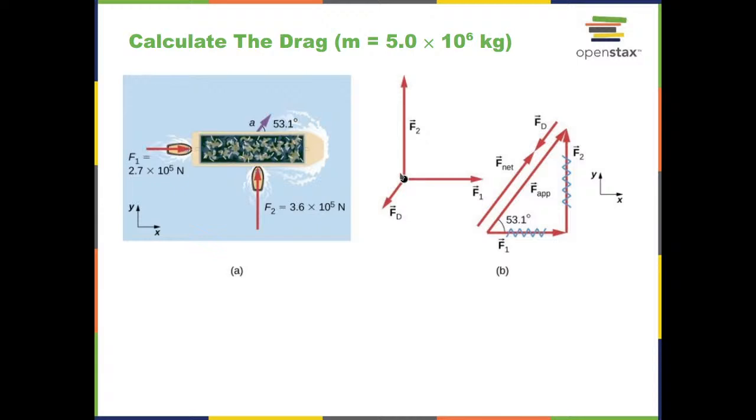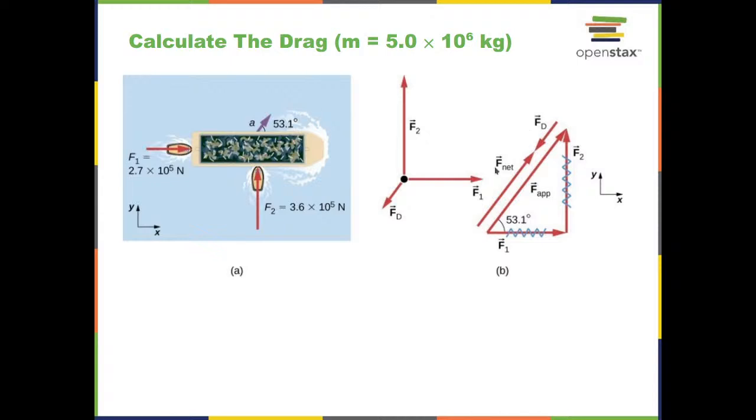So now F1 minus FD times the cosine of this angle is going to be the X component of the net force, giving the X component of the acceleration. F2 minus FD times the sine of that angle will be the Y component of the net force and give us the Y component of the acceleration. And so we will be able to solve then for the magnitude of the drag force.